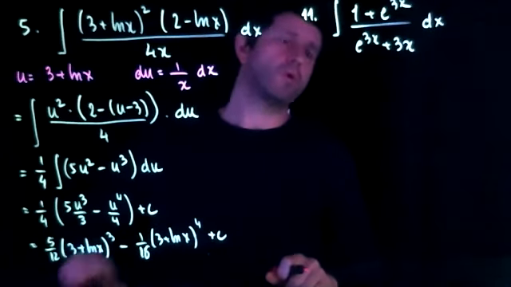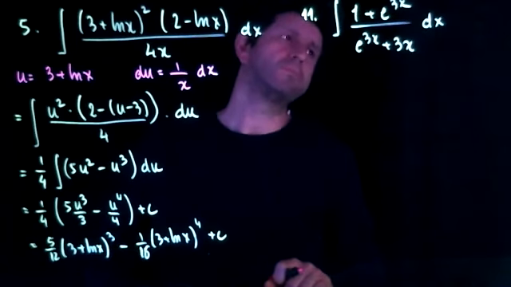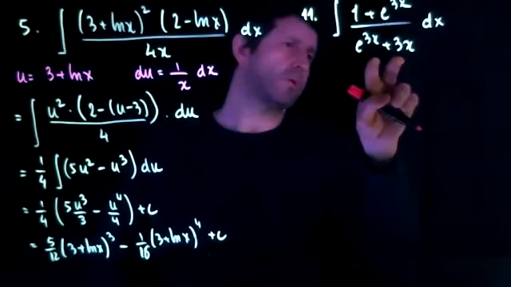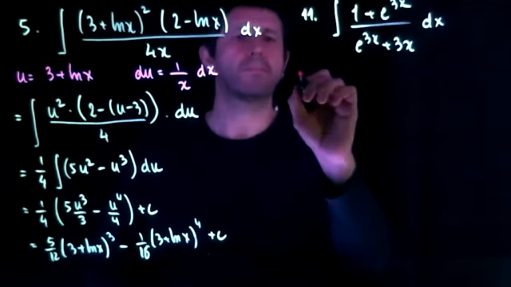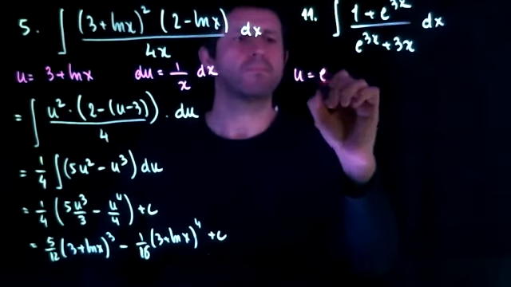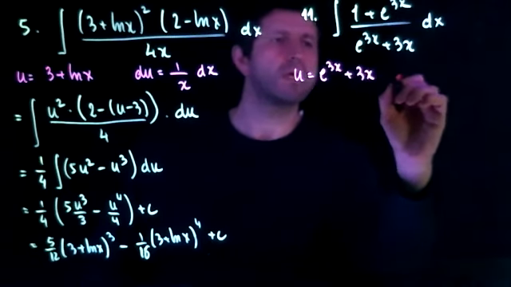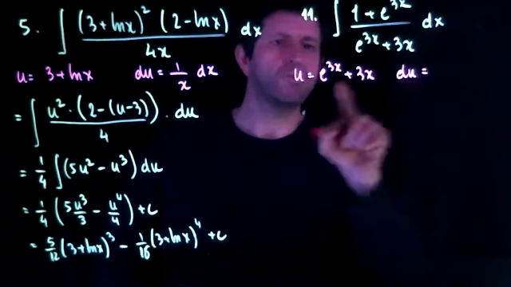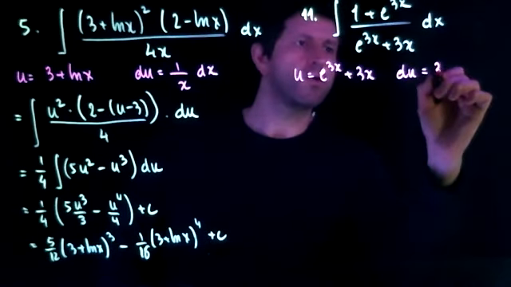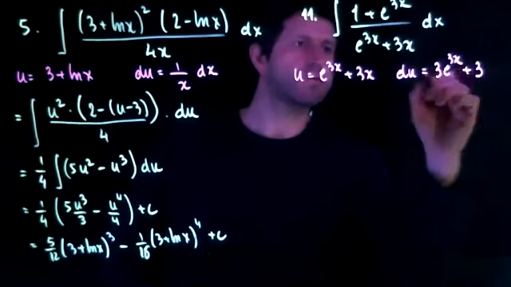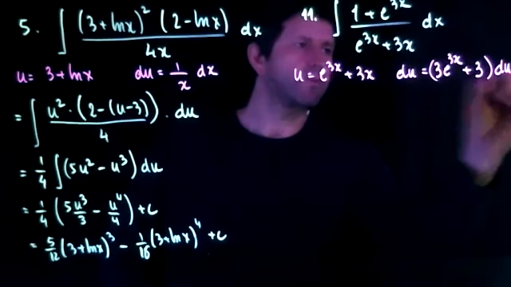Okay, so what do we use as u? I would use the denominator. So u is e to the 3x plus 3x, and so du, the derivative, is 3e to the 3x plus 3 dx.